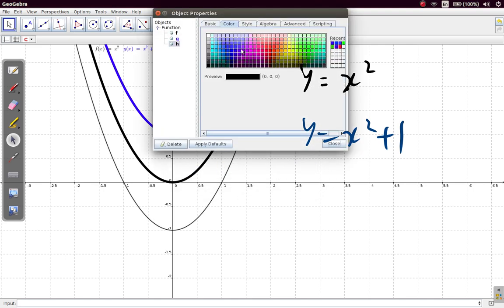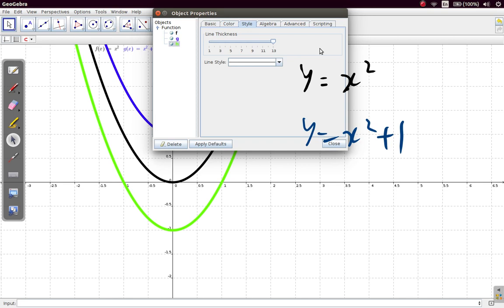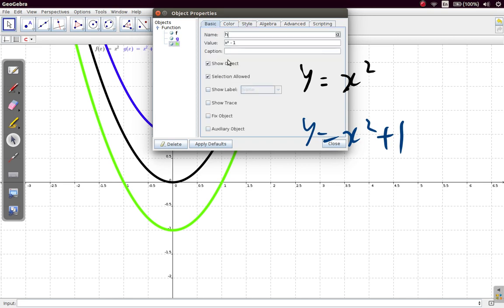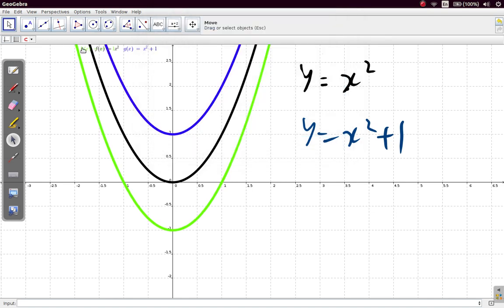Let us make some adjustments here. Let's make our new line green. I want to make it thicker. Good. And I also want to see the equation of it. So it's called h of x is equal to x squared minus 1.